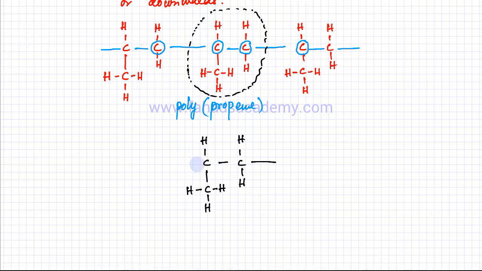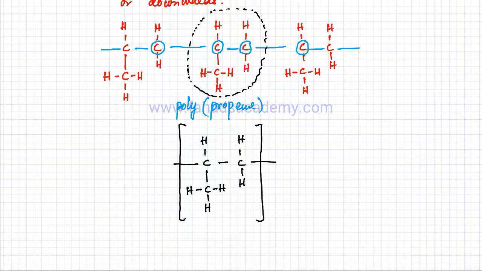This is the structure that is being repeated over and over again. And you're going to draw square brackets, meaning this structure is the one that is being repeated over and over again, and you write n to it, where n is the number of repeat units. So this is the other way of drawing and writing down this structure. It's a compressed version. So that's how we're going to draw the molecule of polypropene.